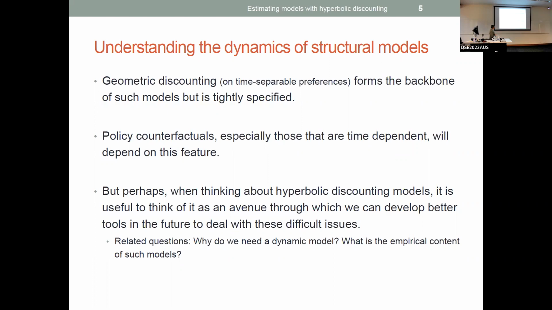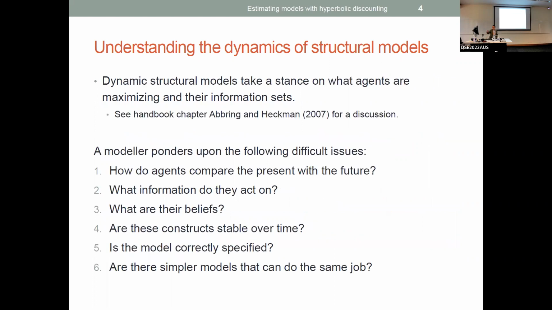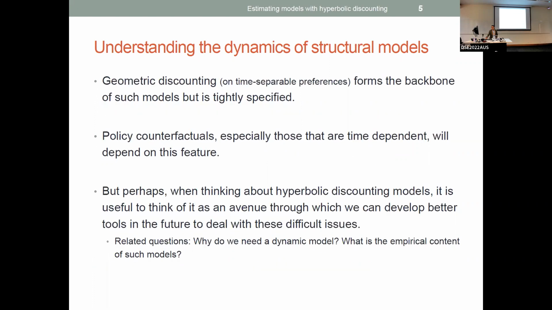And policy counterfactuals, especially those that are time-dependent, will depend on this feature. I think these points have been partially reflected in your questions in previous lectures during the summer school. But perhaps when we're thinking about hyperbolic discounting models, it is useful to think of it as an avenue or a device through which we can develop better tools in the future to deal with these difficult issues that I listed above.